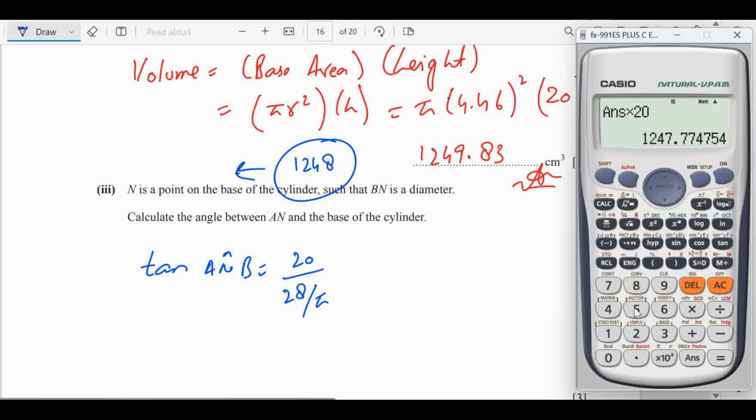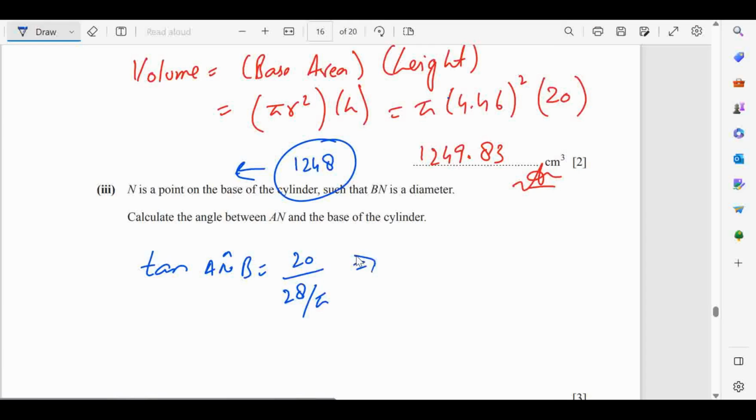So we can find it using this concept: 20 divided by 28 by pi. So this will be 5 by 7 pi. So tan of A and B will be equal to 5 by 7 pi.